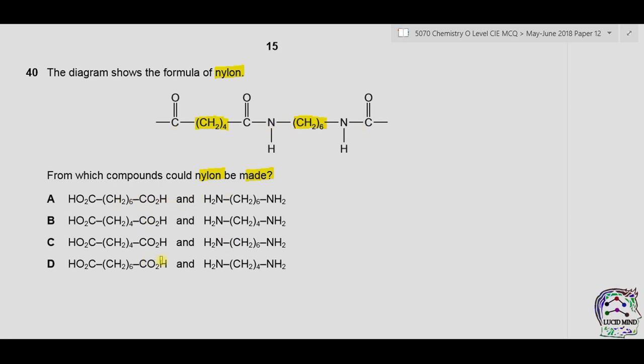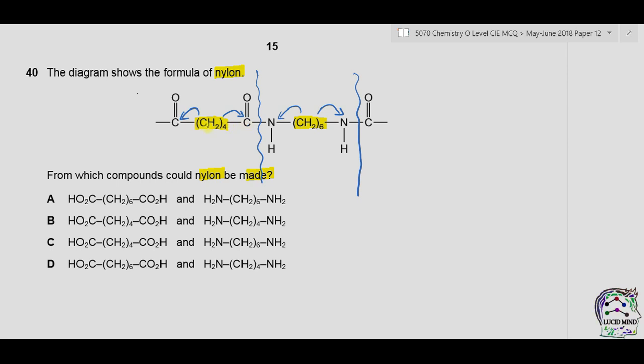Let's see which monomers should be present in this polymer. We can break this polymer into two parts. One is this portion that consists of C double bond O connected to these 4 CH2 groups. In the second part we have nitrogen that is connected to 6 CH2 groups on each side. And again we are going to repeat the first part and then again the second part and so on.